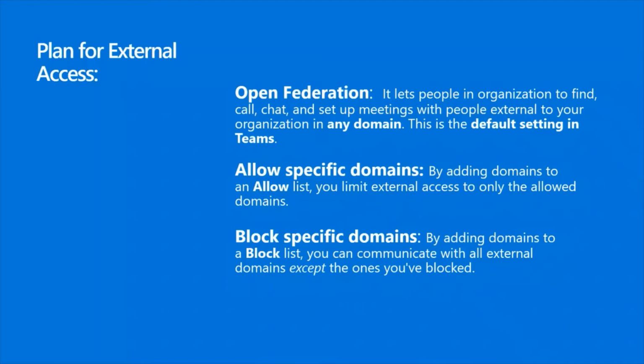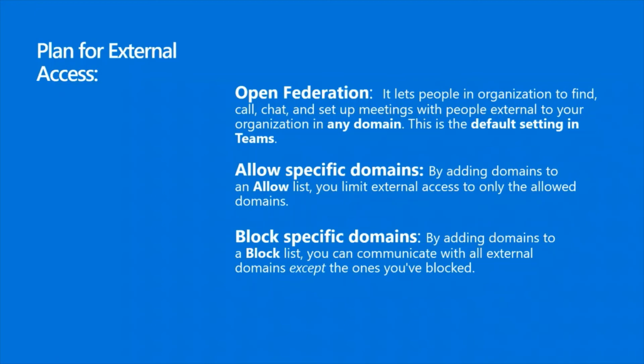By default, external access is turned on in Teams, which means that your organization can communicate with all external users. If you add blocked domains, all other domains will be allowed. And if you add allowed domains, all other domains will be blocked. I will repeat this. If you add blocked domains, all other domains will be allowed.